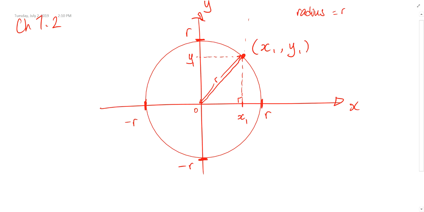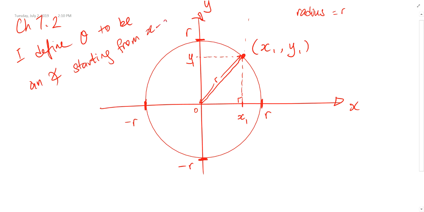Okay, now's the interesting part. I will define theta. I define theta to be an angle starting from the x-axis going anti-clockwise.